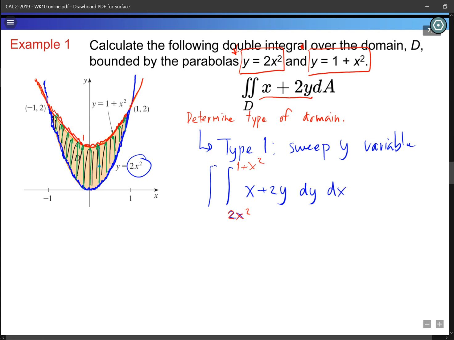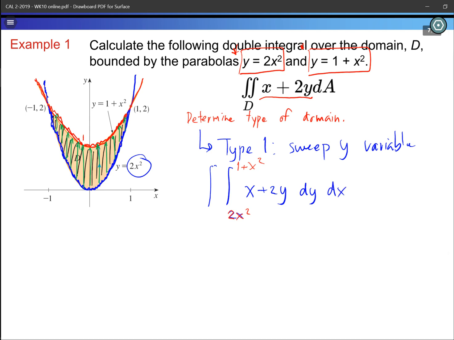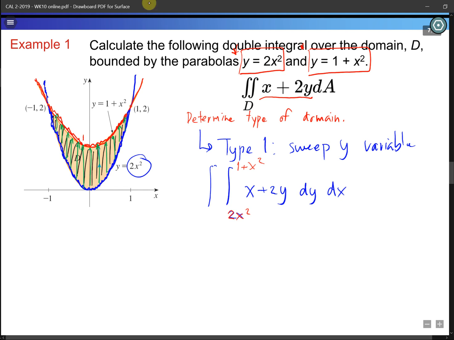Alright, now the sweeping is done from lower to upper, but then I need to specify the whole range of the integration, the x value. Without the graph, I don't know where x starts and where x ends. So it's important that we determine this starting point and the end point. So let's take a look here. We have two functions. One is y equal to 2x squared, and the other is y equal to 1 plus x squared.